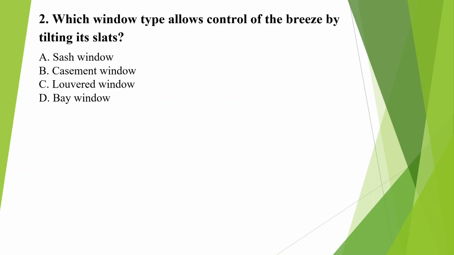Let's move to the second question then. Here's the second question in front of you all. It is asking which window type allows the control of breeze by tilting its slats. Most of the time you might have seen in houses some kind of tilt slats given for reducing the solar heat gain.